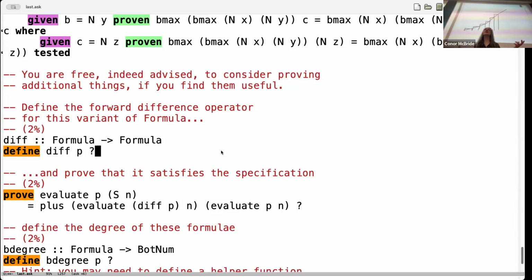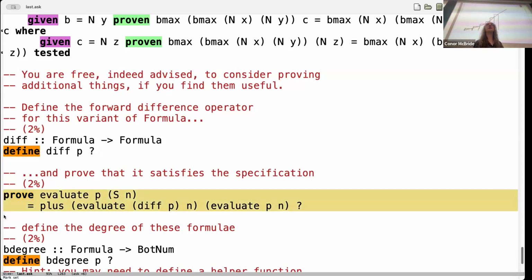Even then, it's not necessarily the case that you need to know what those words mean, because the very next part of the problem is telling you what on earth this diff thing is supposed to do.